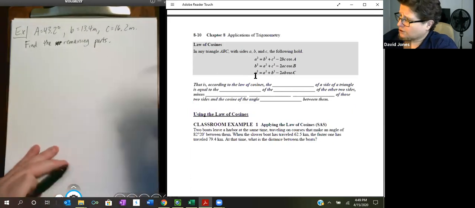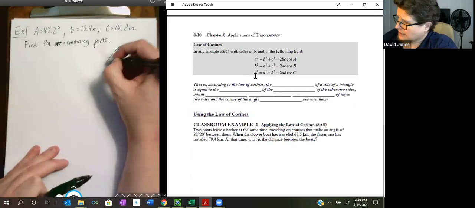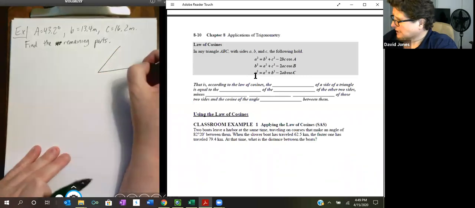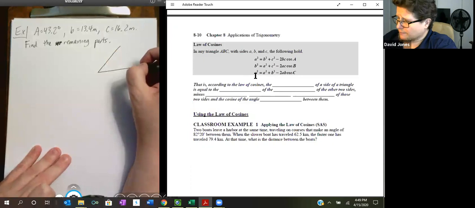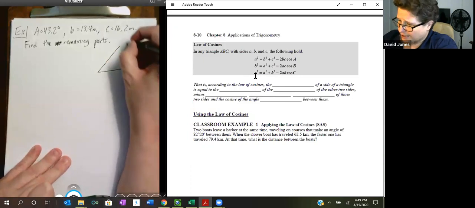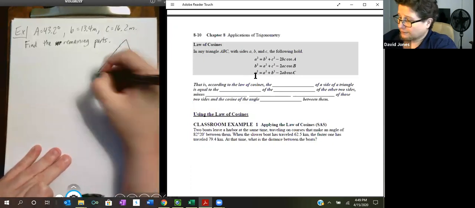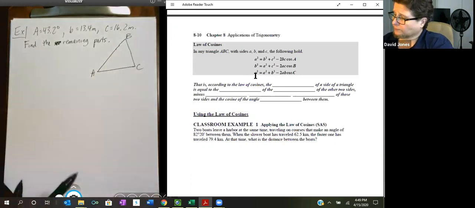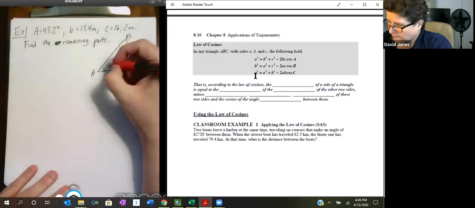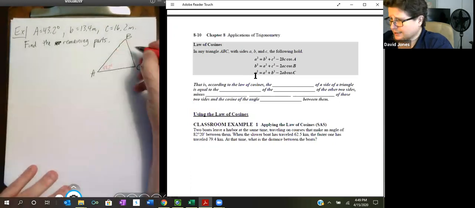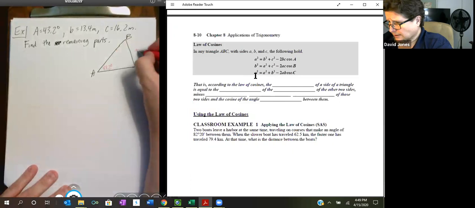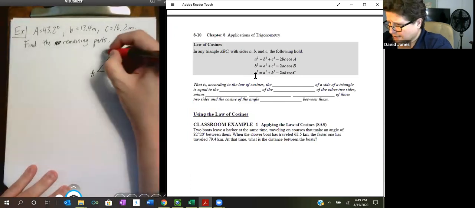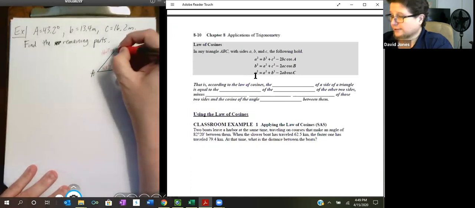Let's call this triangle ABC. A is not that big of an angle. I don't know if B or C is a big angle. I have no idea about the rest of the triangle. ABC. 43.2 degrees. 13.4 meters. 16.2 meters.